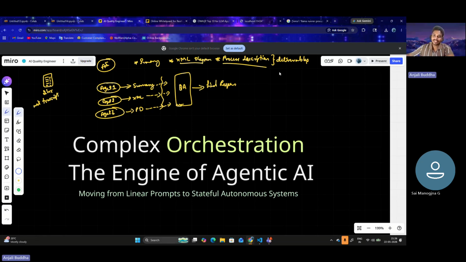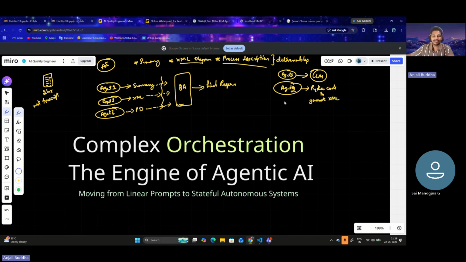Okay, XML diagram. So if I explain agent one, this is an LLM, right, which is summarizing? Correct. So agent two is Python code to generate XML. Am I right? Yes.